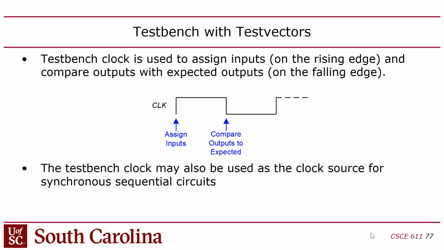You guys with me? So it can get a little complicated, but in this case, I'm going to use the rising clock edge to assign the inputs, and then I'll use the falling clock edge to check the output, right? Why? Just because it gives me a non-zero amount of delay, right? And it's a convenient way to run everything, right?